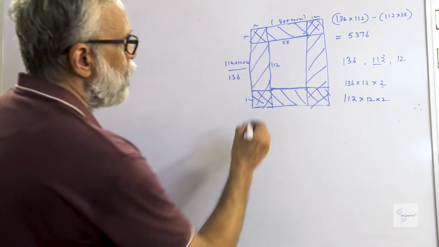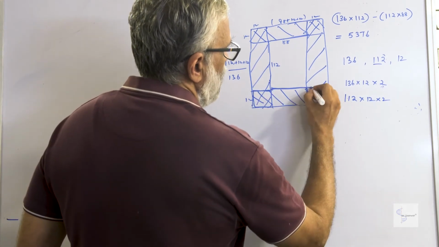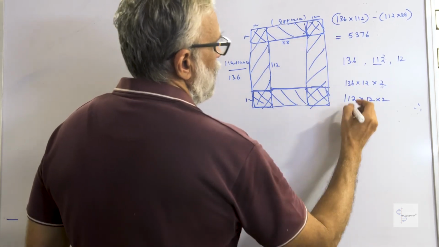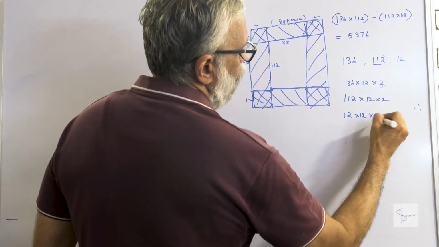So if you see these small squares, this is 12 by 12 and there are 4.